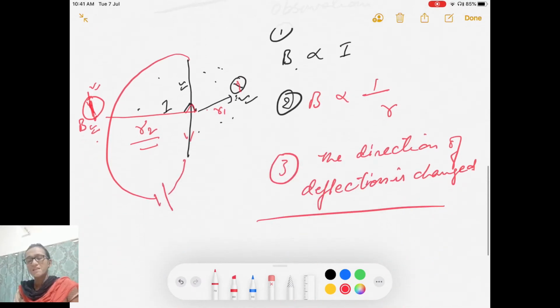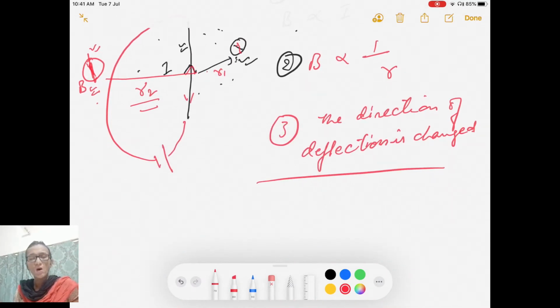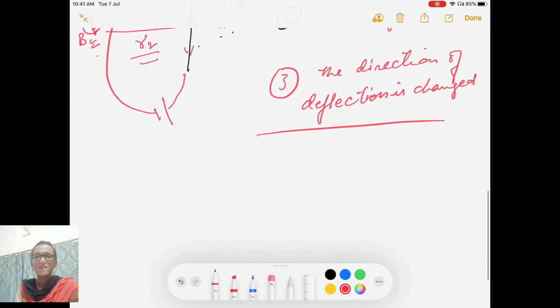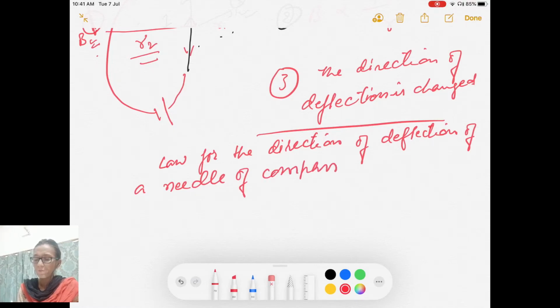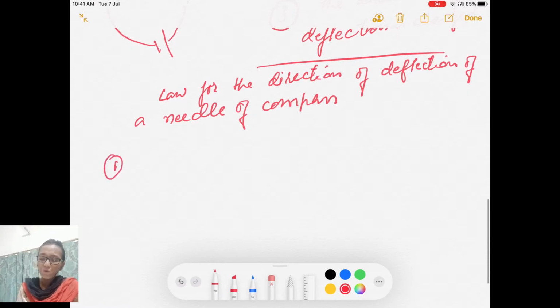So on his observations, we can make laws for the direction of deflection of the needle of a compass. And we have two rules. The first one is called Ampere's swimming rule.